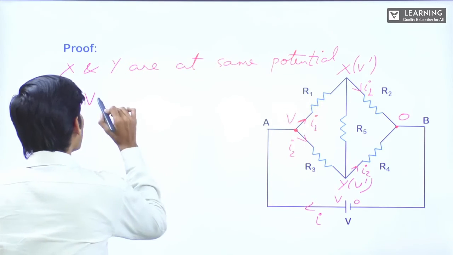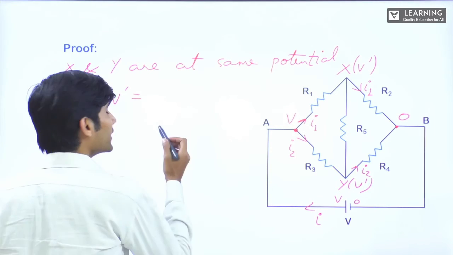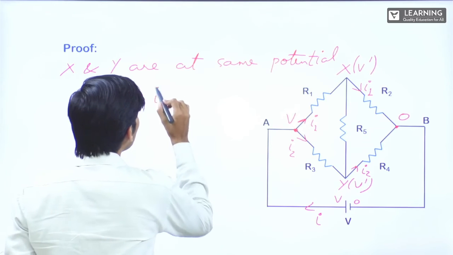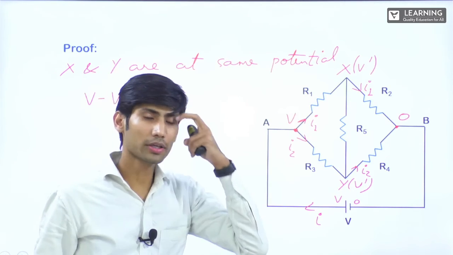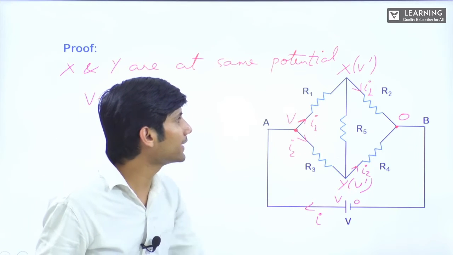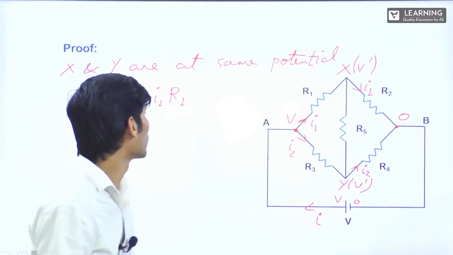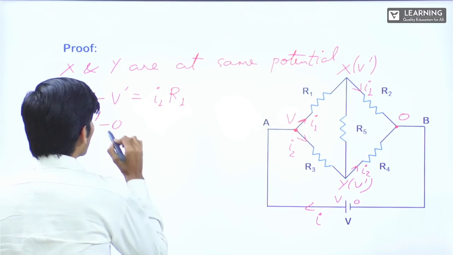So V minus V dash, that is delta V, is equal to IR, which here means I1 R1, since I1 current is going here. For this one, I write V dash minus 0. This point is at V dash, this point is at 0. So V dash minus 0 means V dash only.